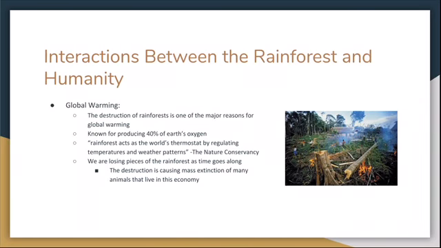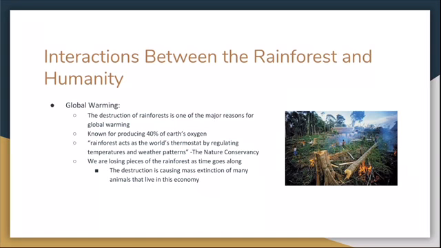This leads us to interactions between the rainforest and humanity instead of just interactions between many of the organisms in the rainforest. A major reason for global warming is the destruction of rainforests.